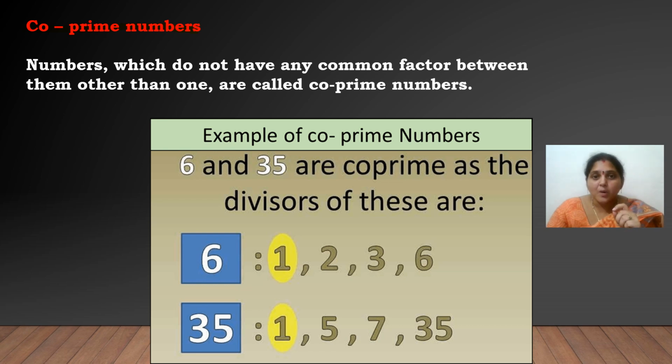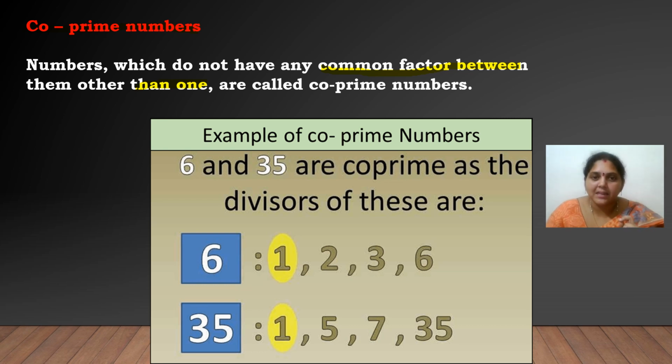If you take two numbers, their common factor should be only the digit 1, not any other number. That type of numbers are known as co-prime numbers. Co-prime numbers will have only the digit 1 as a common factor.